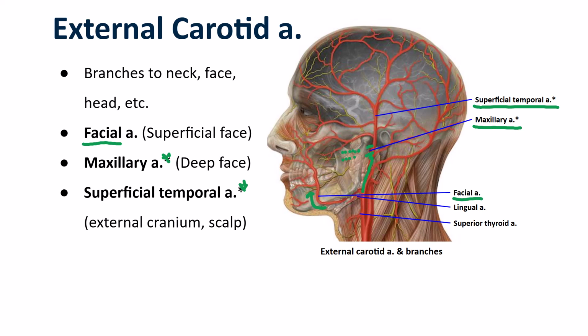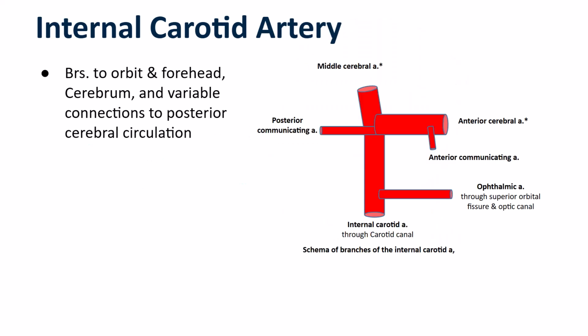So the maxillary artery serves deep face. The superficial temporal artery will continue up onto the lateral skull, supplying the external cranium, i.e. the scalp, with blood. Now let's take a look at that internal carotid artery.